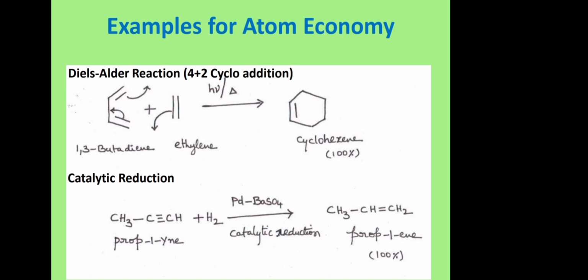The bonds between two carbon atoms are rearranged as a ring, and we get cyclohexene. Like a catalytic reaction, we have propene reacting with hydrogen. Here the double bond reacts with hydrogen and forms propane in 100% atom economy.